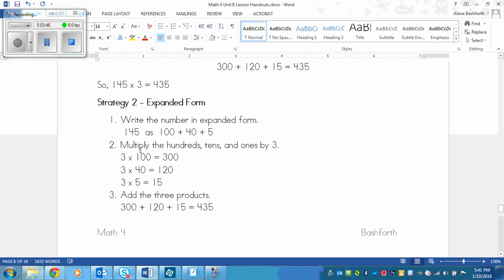So you will go 3 times 100, 3 times 40, and 3 times 5. So we've got 300, 120, and 15 again, just as we did up there. It's the same numbers, but a different way of arriving at them. And then we just add them all together like we did above again. So that would be 300 plus 120 plus 15 equals 435.